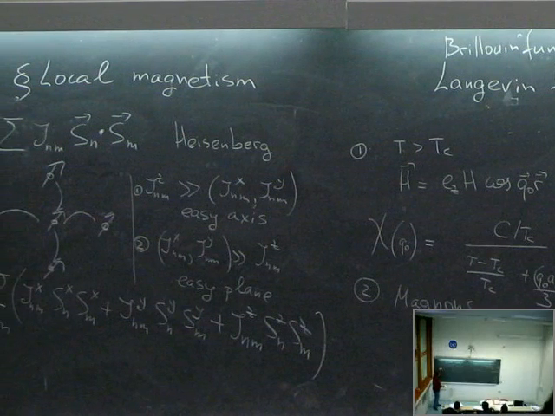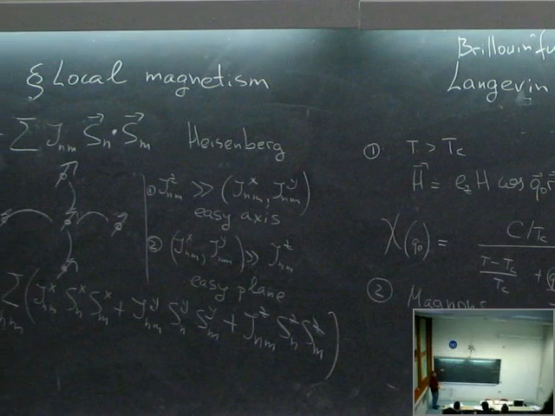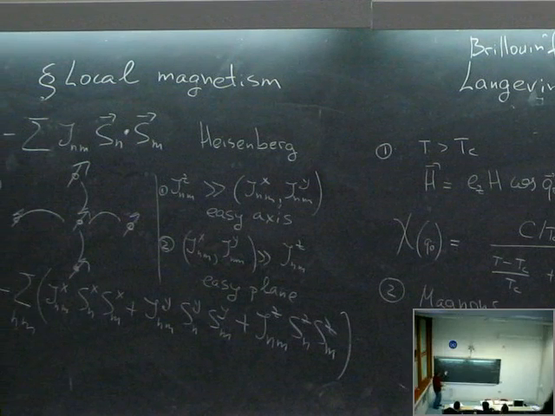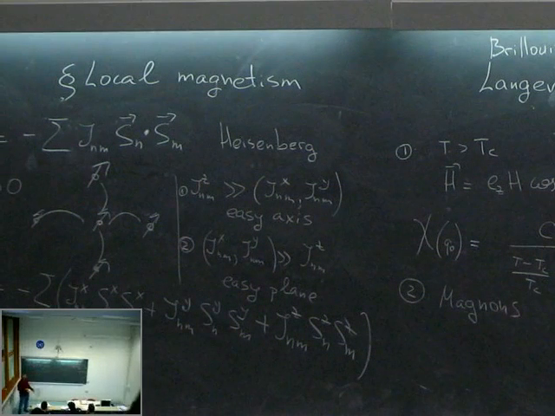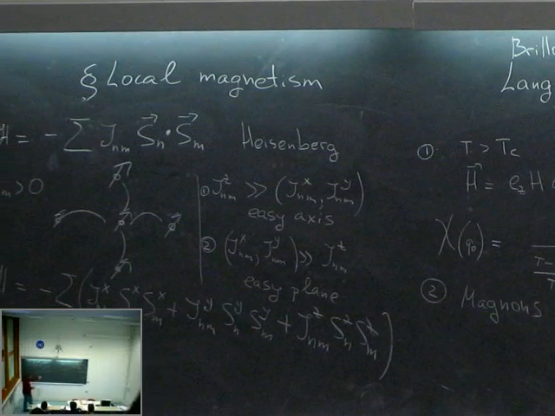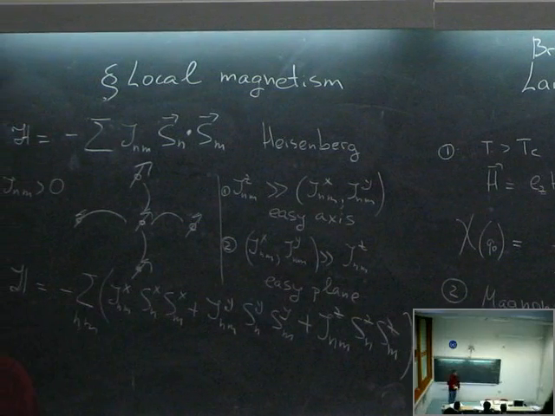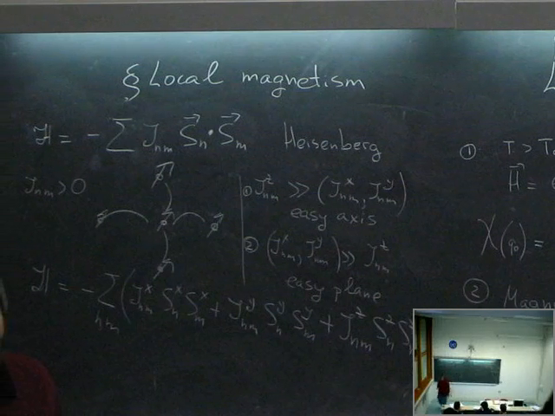So for the Hamiltonian defined with exchange integrals all positive, the state where all spins are aligned in one direction at zero temperature is the ground state of the system. The excitations describe what happens above the ground state.